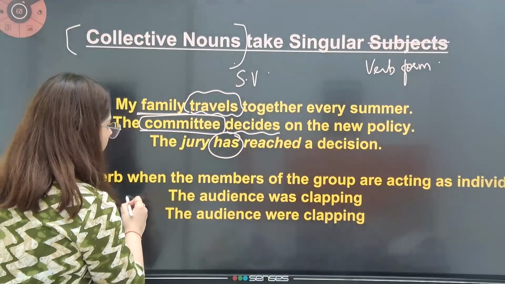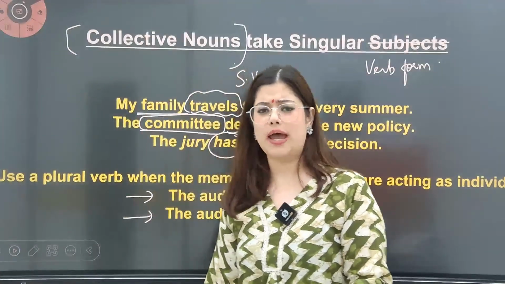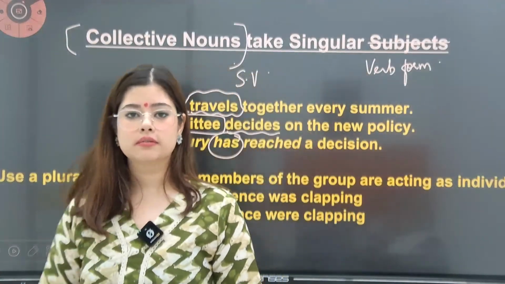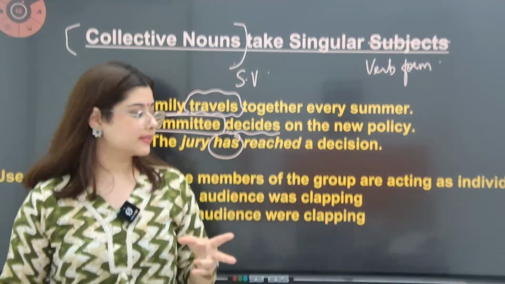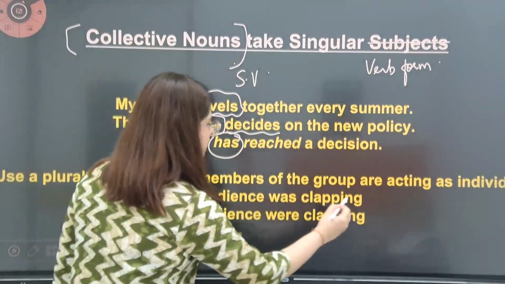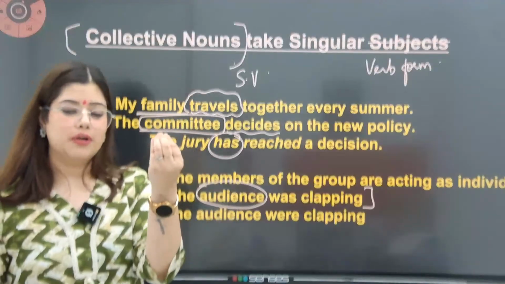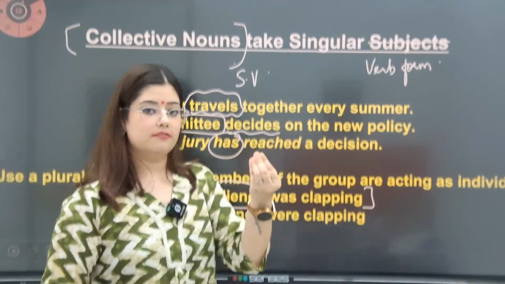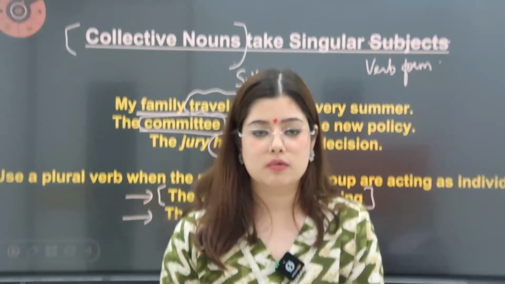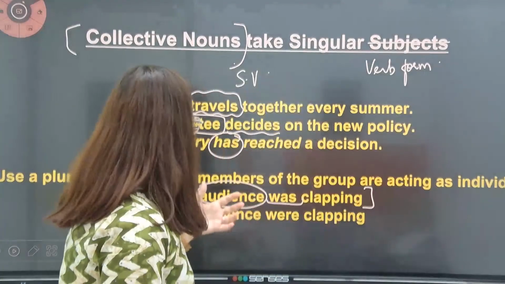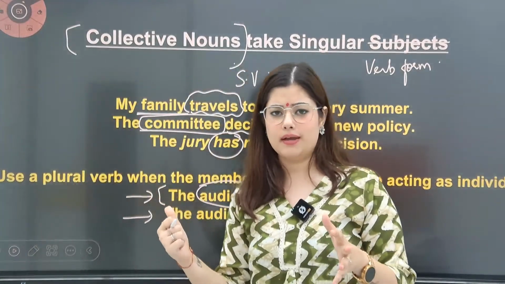When I say the audience was clapping and I say the audience were clapping, right? Both these statements are correct, but in two different ways. When I say the audience was clapping, I'm considering audience to be one singular unit. I'm considering it to be a collective noun, and therefore I've used a singular verb form with it, which is what we have been talking about. But if I say the audience were clapping, is this sentence incorrect?